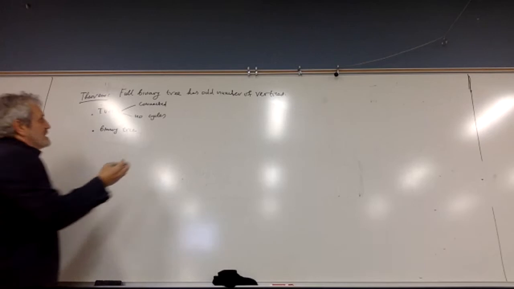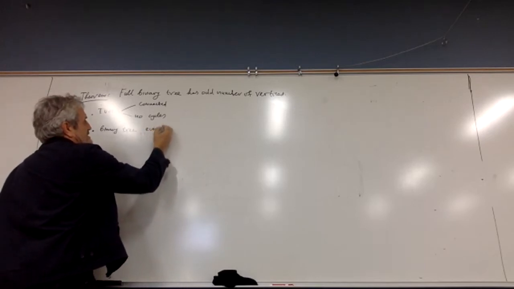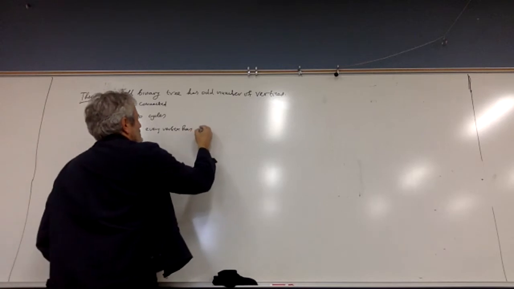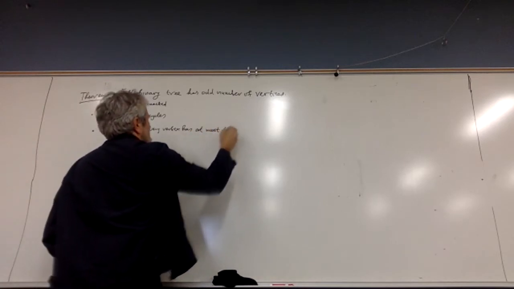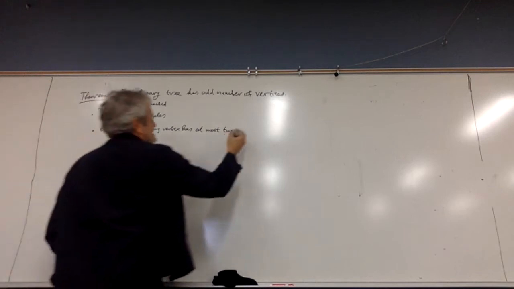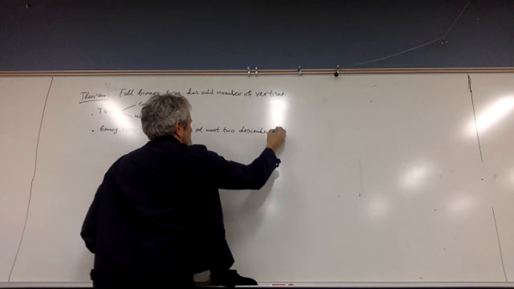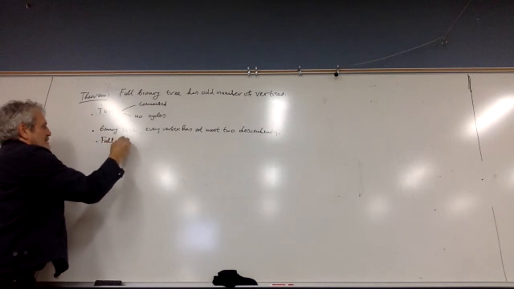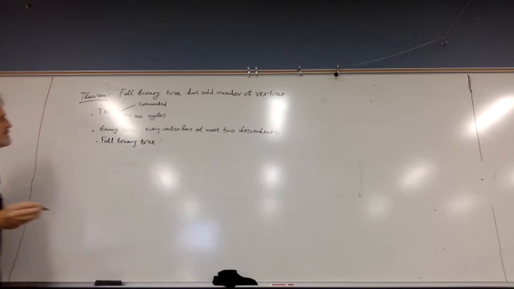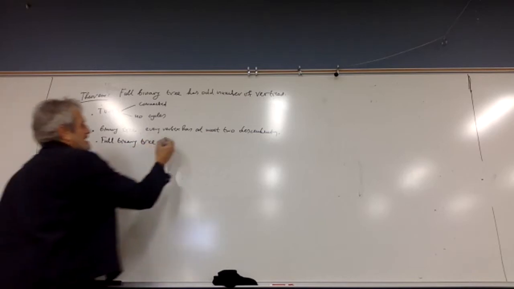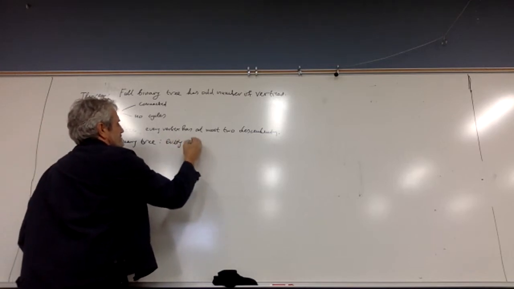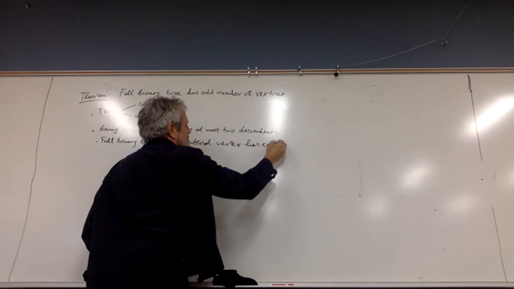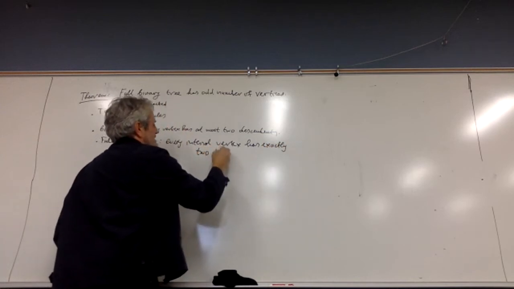Binary tree means that every vertex has at most two children. But if it's a full binary tree, then every internal vertex has exactly two children.